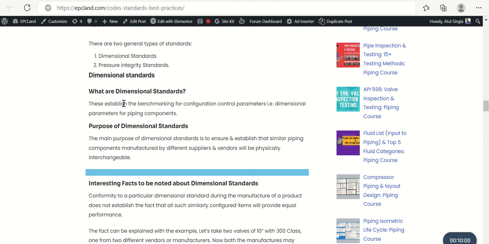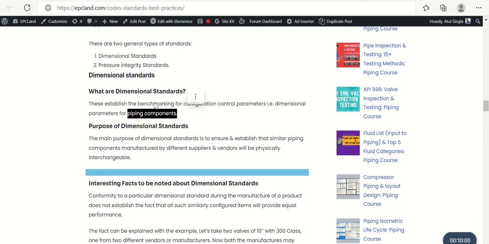Right? First of all, these are the standards which establish the benchmarking of configuration, the dimensions, parameters of any piping components. Okay, so the name itself is indicating it is talking about the dimension of any piping component. So it establishes the benchmarking. How is it establishing? If somebody says we are going to design a tee, a flange, right?